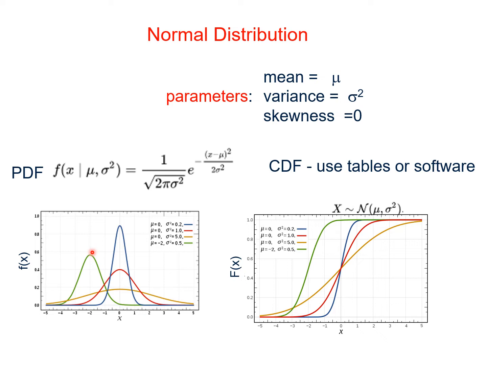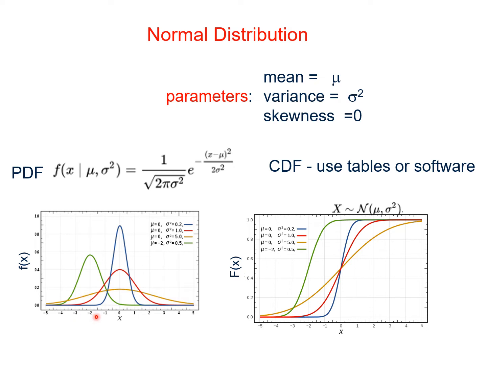Okay, if the skewness is 0, then it can be the normal distribution. So for a distribution to be normal, skewness has to be 0, and it can be any mean value.